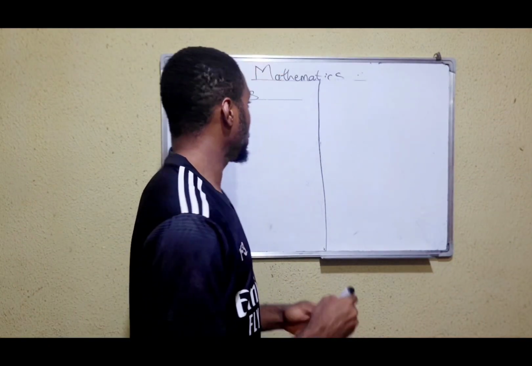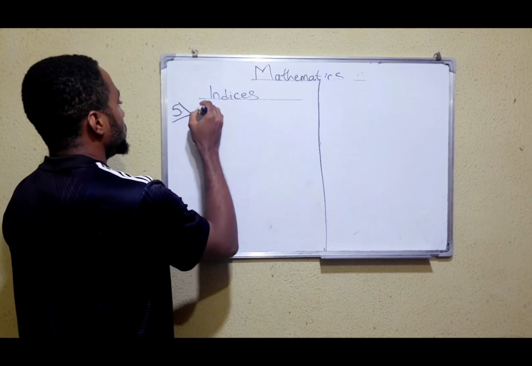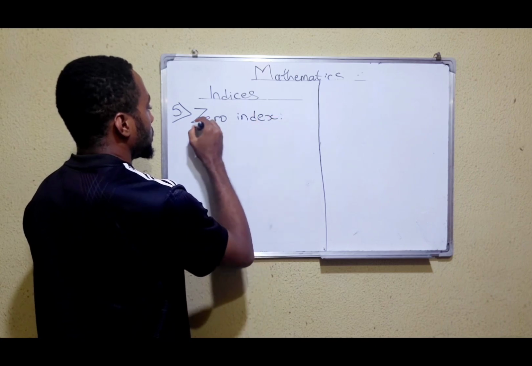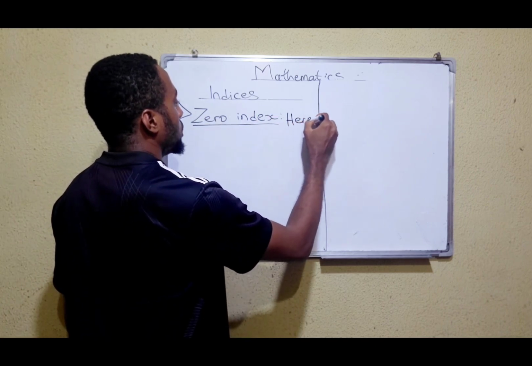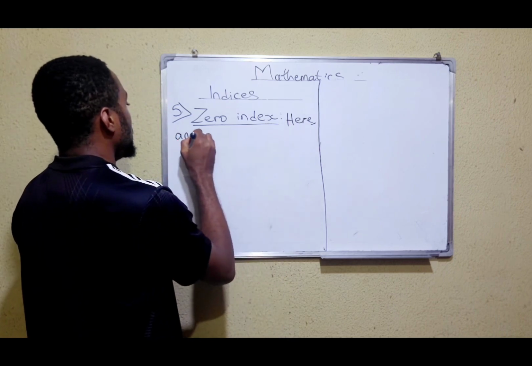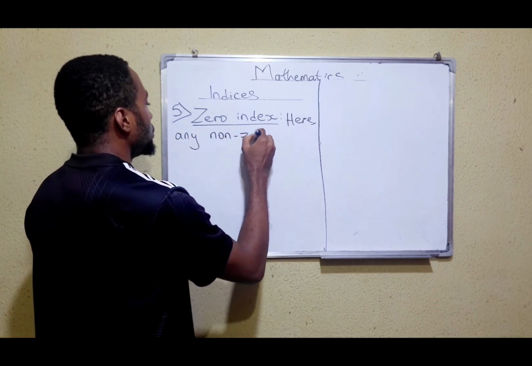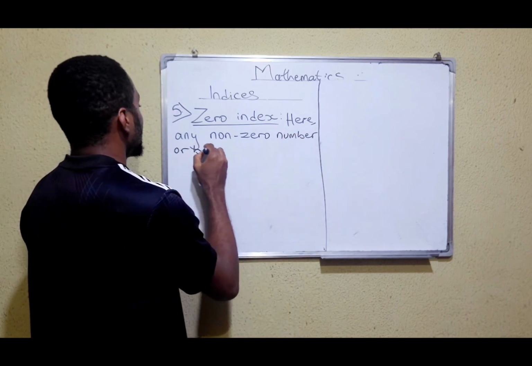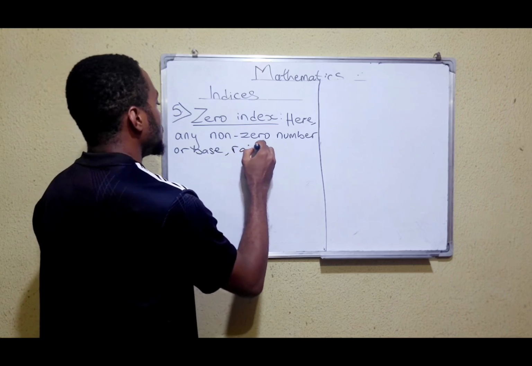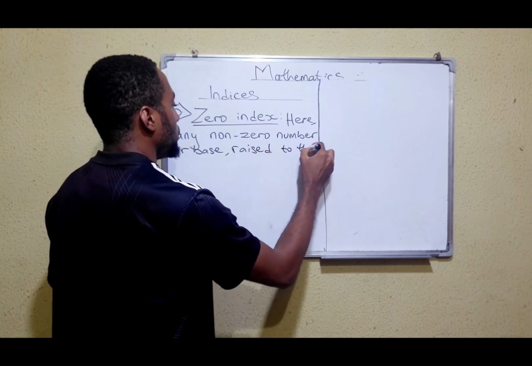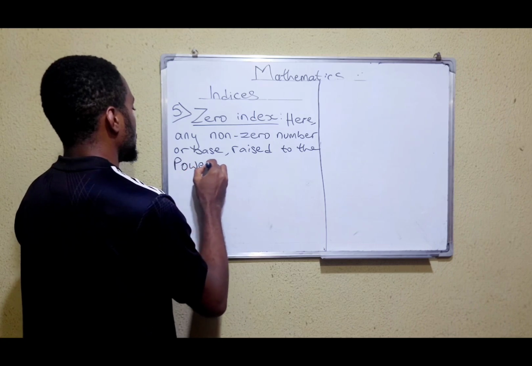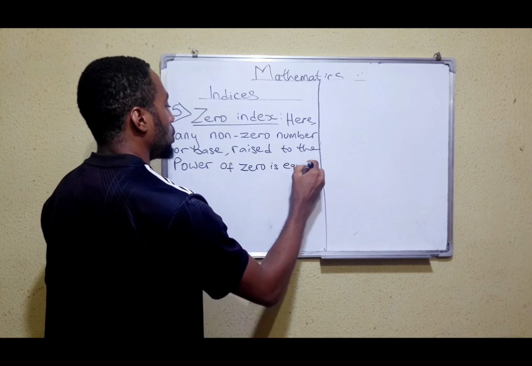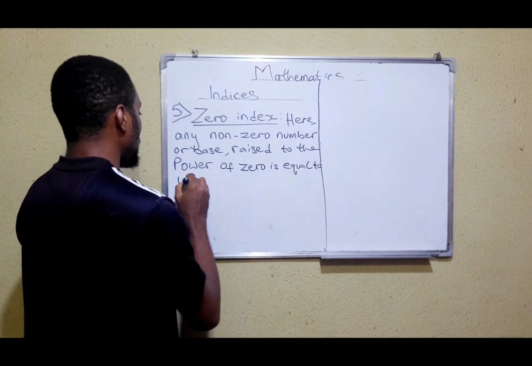This is just to remove the negative sign in your number. So forging ahead, we go to number 5, which is the 0 index. Here, any non-zero number or base raised to the power of 0 is equal to 1.